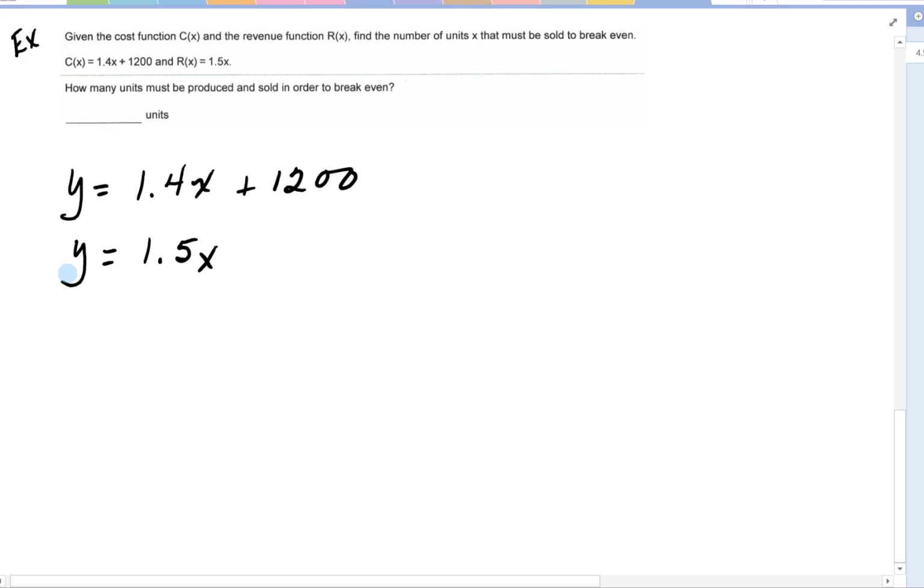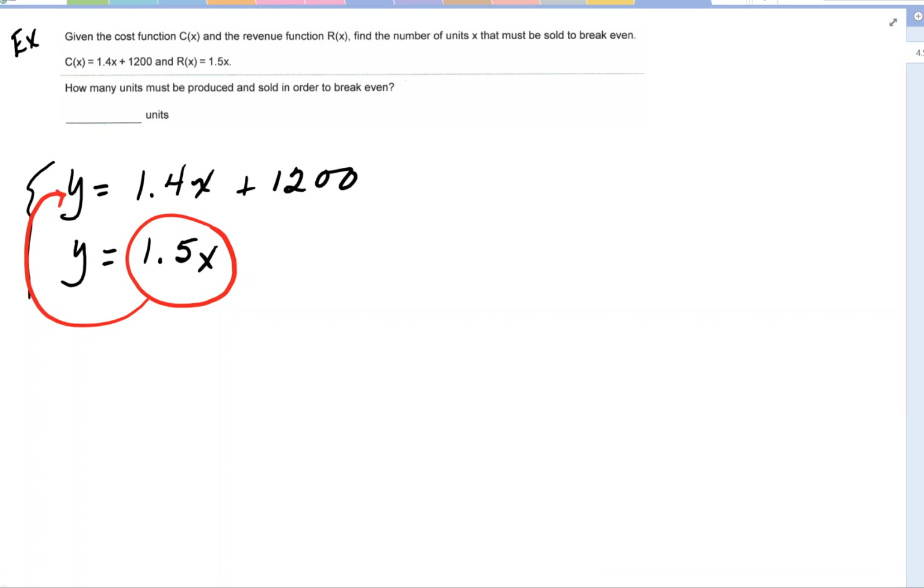So how am I going to solve this system? Well, I'm going to use substitution again. This is an easy expression for y. I'm going to put it in the place of y. So I have 1.5x is equal to 1.4x plus 1200.